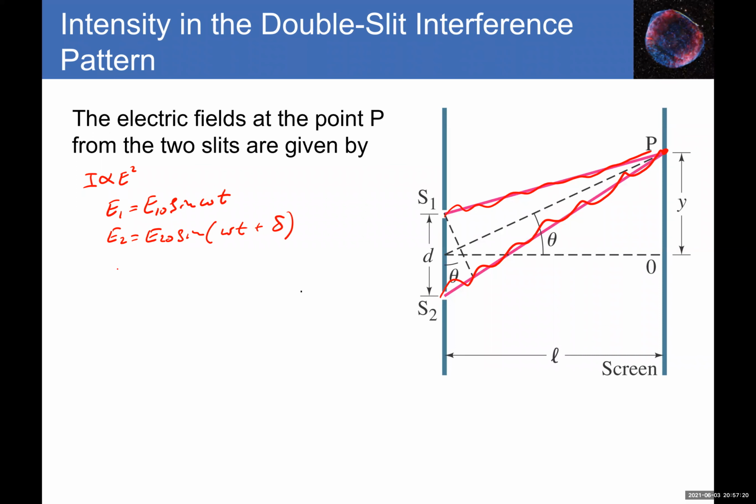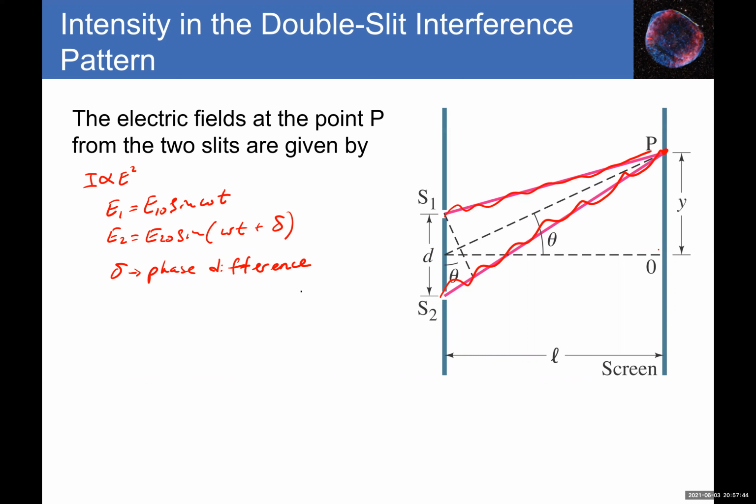So delta here is the phase difference, which tells us the extra distance that wave 2 has to travel relative to wave 1.